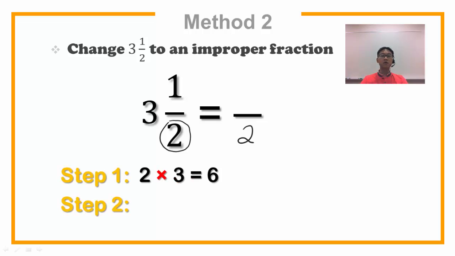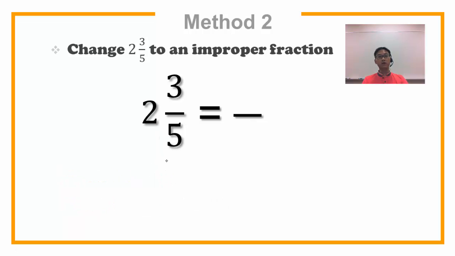The first step is to multiply. So I take 2 times 3, which gives me 6. Step 2 is to take the 6 from the previous step, add to my numerator, which is 1, and that will give me 7. And so this 7 here will be my numerator. And so that's how you change 3 1/2 into 7 halves.